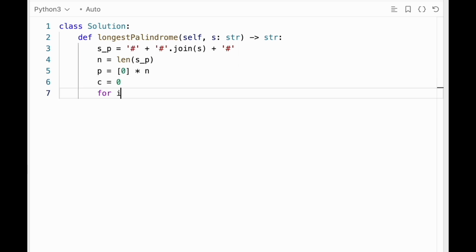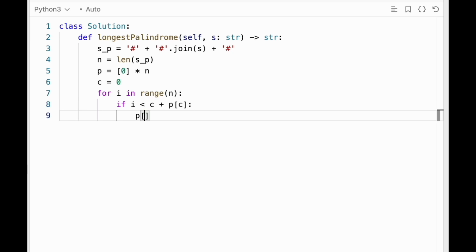So for each character in the input string, we check if I is less than c plus p of c, which happens only if the current character is part of a previous palindrome.